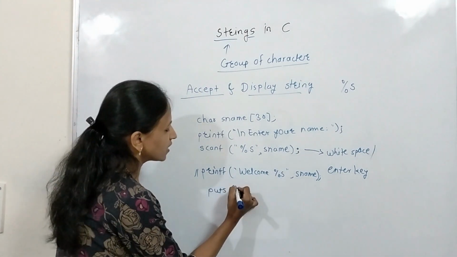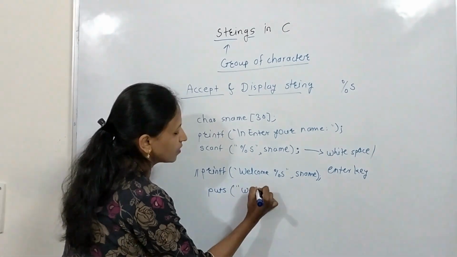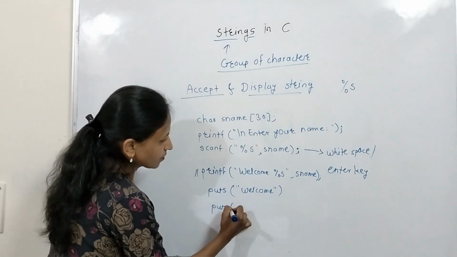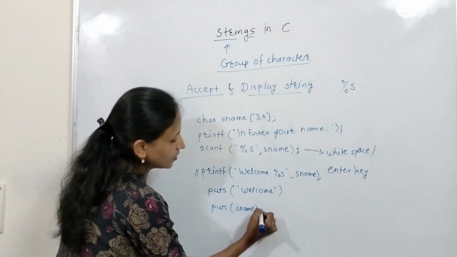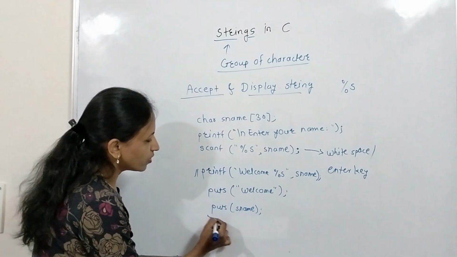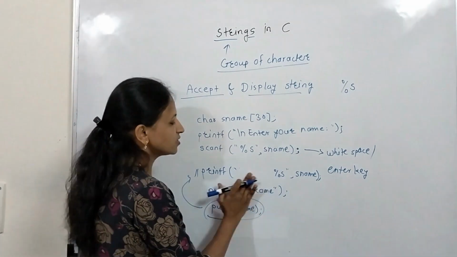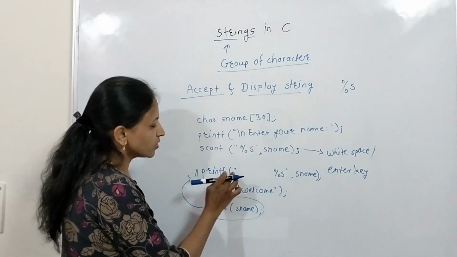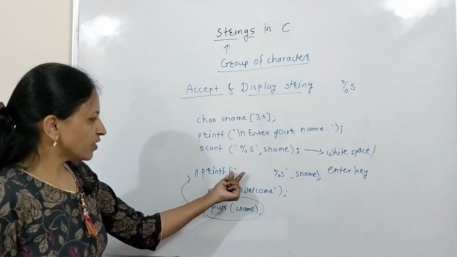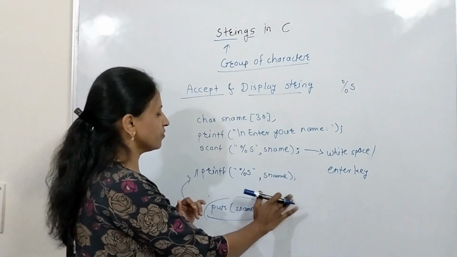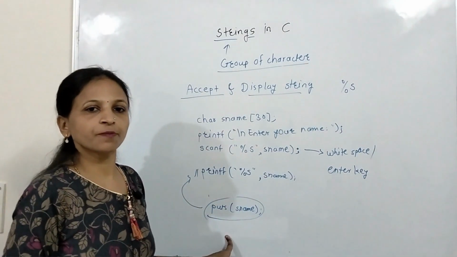First you can write puts welcome, and then you can write puts s name. Now, what is the difference between these two? Let me not write this welcome. Here we have to write %s comma s name, and instead of printf we can use puts to display the string.